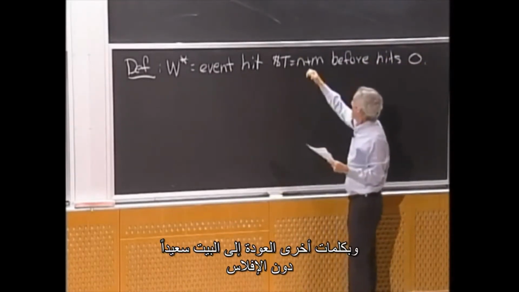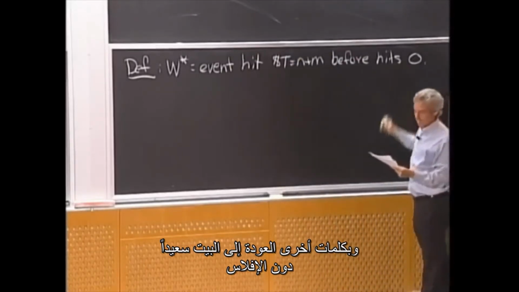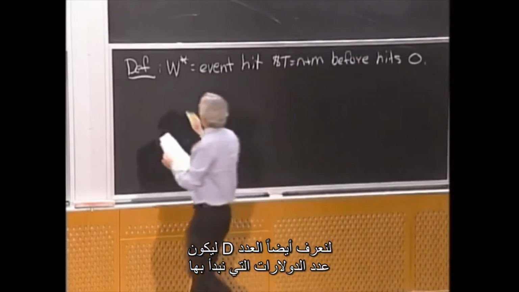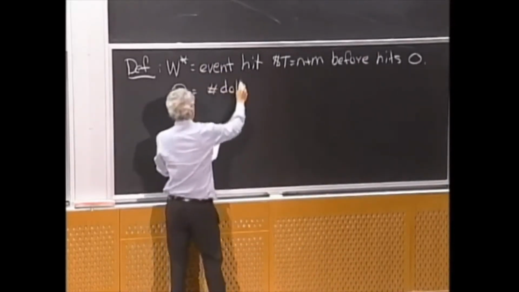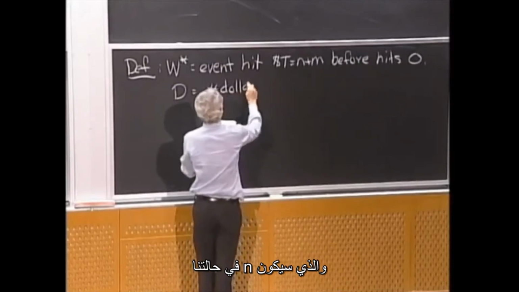In other words, you go home happy without going broke. Let's also define D to be the number of dollars at the start, and this is just going to be n in our case.